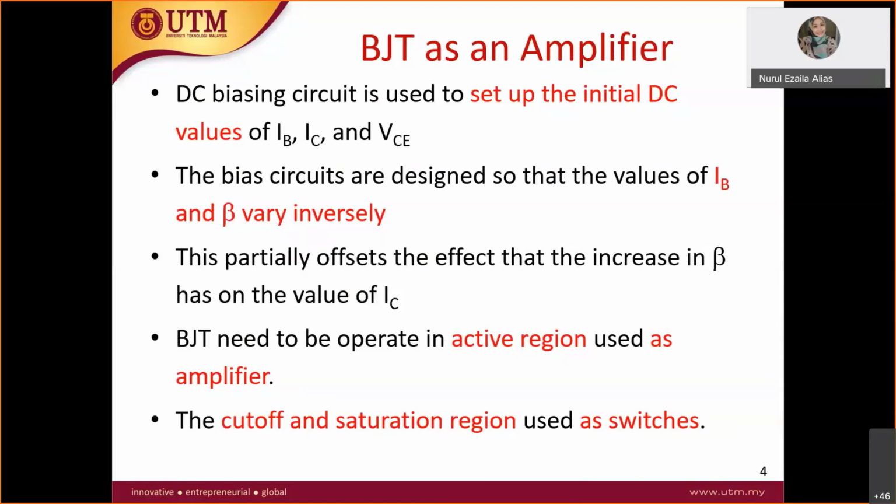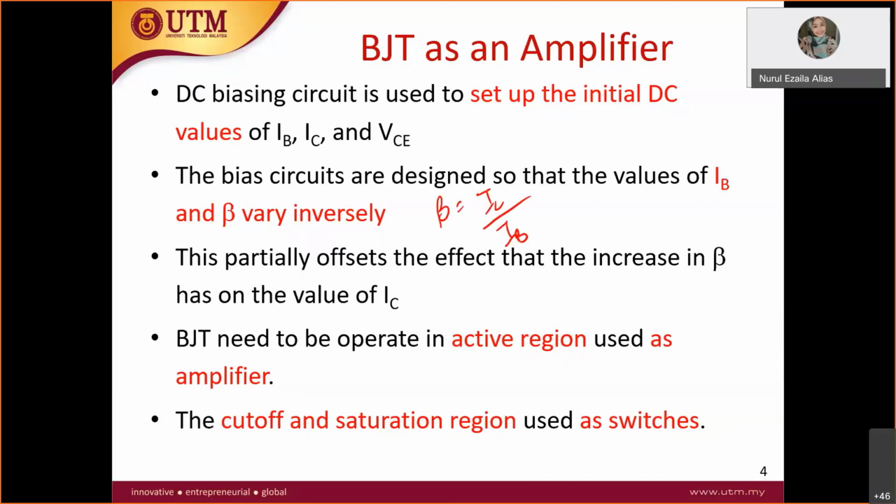Also, in the bias circuit design, the values of IB and beta vary inversely, partially offsetting the effect of the increased beta. This has to do with the equation beta is equal to IC over IB. When IB increases, beta will decrease.